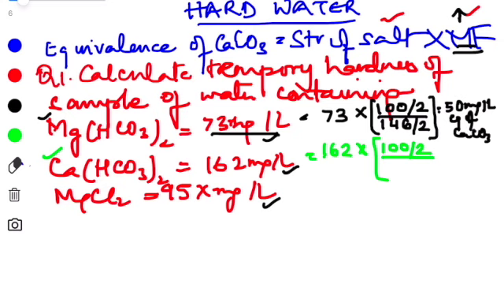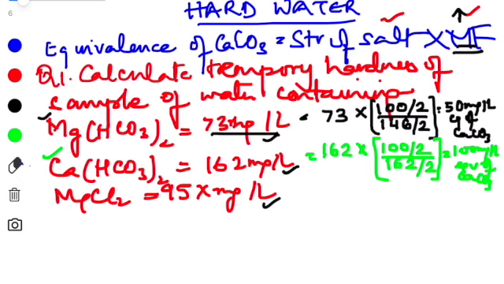So how do I do that? I take the molar mass of calcium bicarbonate and I divide by the oxidation state, which is 2. And what do I get after solving all this? I get 100 milligrams per liter equivalence of calcium carbonate. Okay, fine.